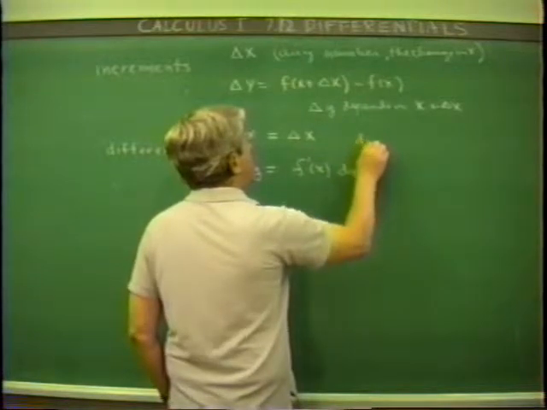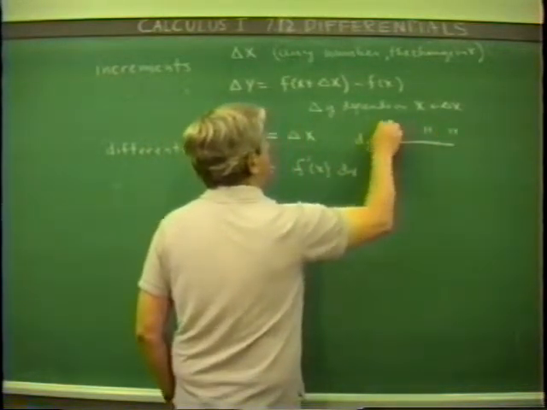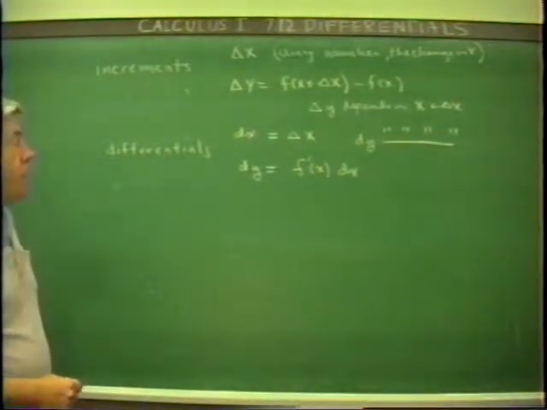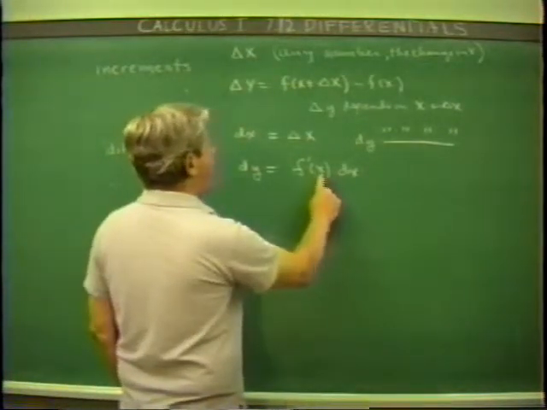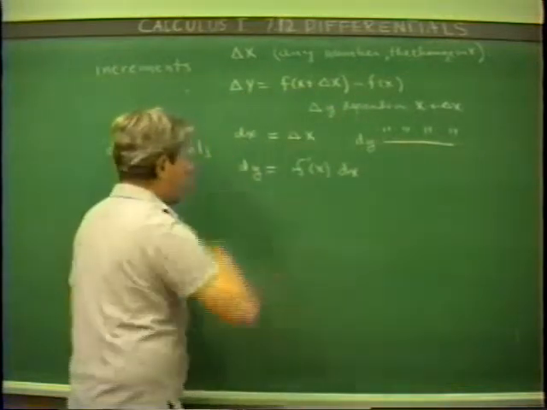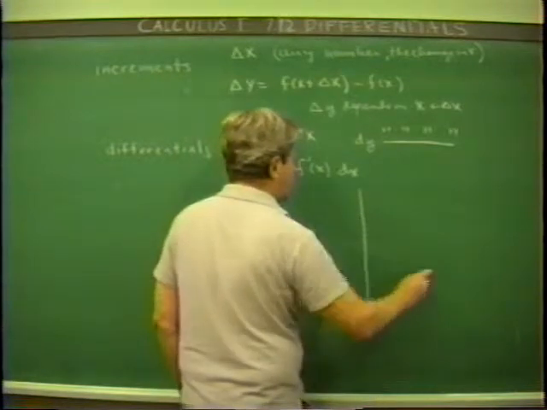That's to say times the change in x. And again, dy depends on both x and delta x. So it's not a simple quantity. It depends on what x is and what delta x is, just as delta y does.